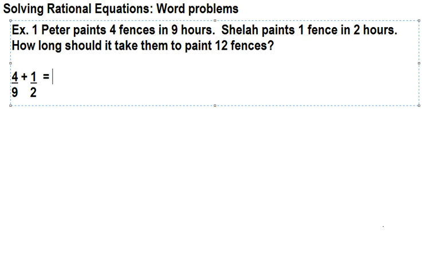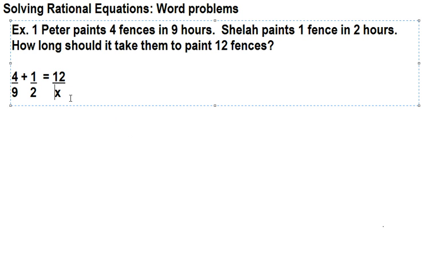So 4/9 plus 1/2 equals how long should it take them to paint 12 fences? So the amount is 12 fences, and the time is, we don't know, so we're going to put X for time.